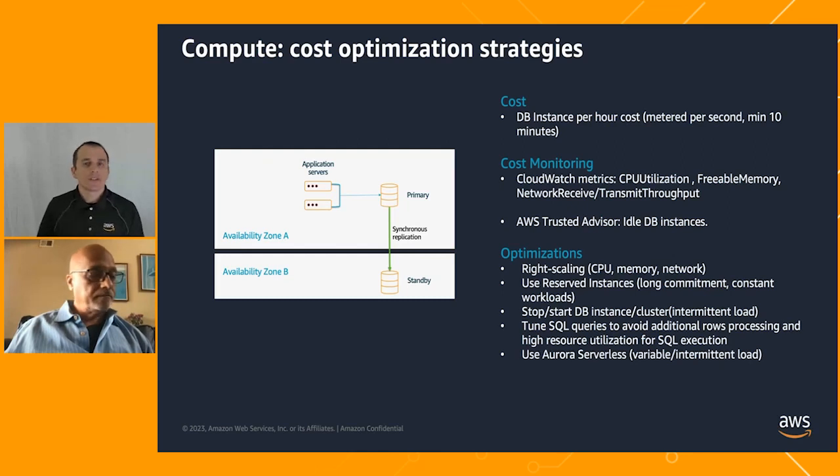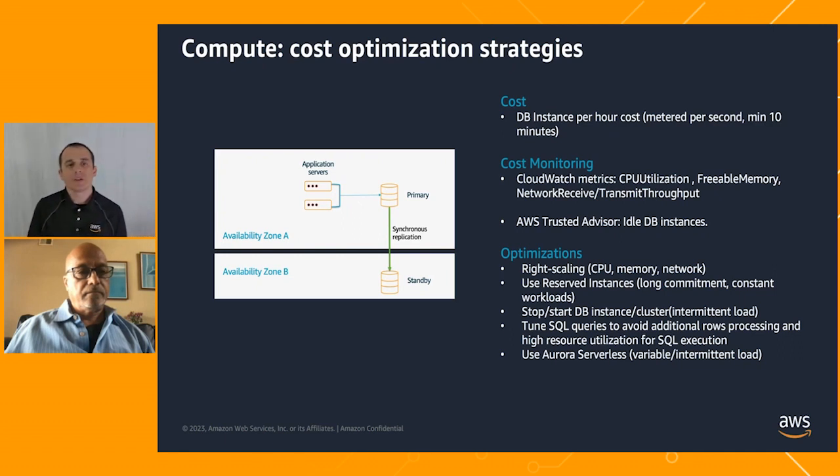Yeah, I mean, we already touched upon some of them, such as the reserved instances or using serverless capacity, but there are several others. Right sizing is the mechanism to adapt your capacity to the actual consumption. Use the right amount of CPU and memory. You can scale down if you see consistently low CPU or memory utilization, for example.